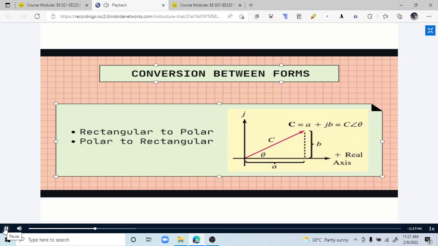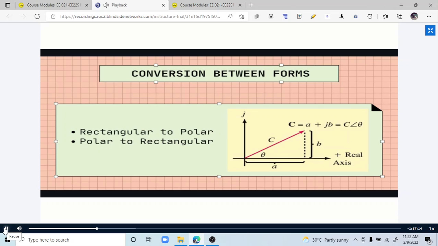Basically, that is just the Pythagorean theorem, correct? The Pythagorean theorem means that the square of your hypotenuse is equal to the square of your adjacent side plus the square of your opposite side. So if you are going to get C, that is the square root of A squared plus B squared. So you can now get C.